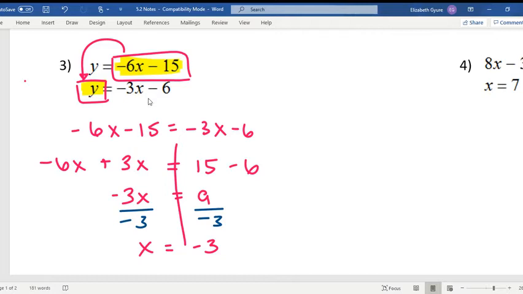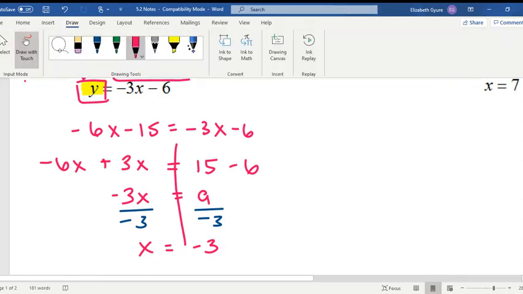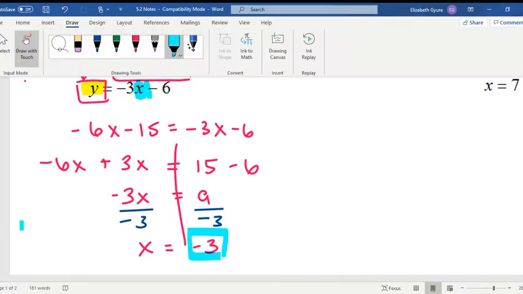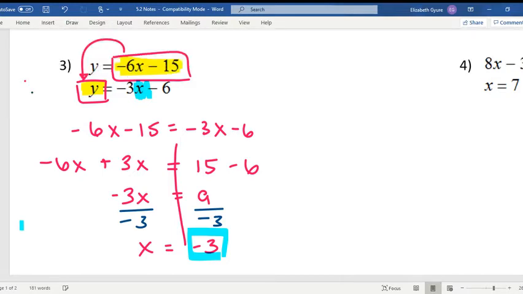Any one you want. I'm going to pick the bottom one just because I've drawn on it less. Okay. So you're going to take your x, because x equals negative 3, and you're going to plug it in where you see x in one of your other equations. So this is like you're taking your value and you're plugging it in. This is like what we did at the start of class yesterday.